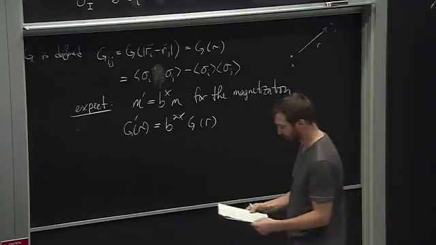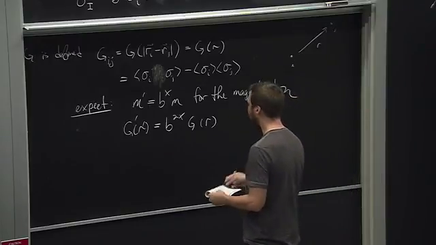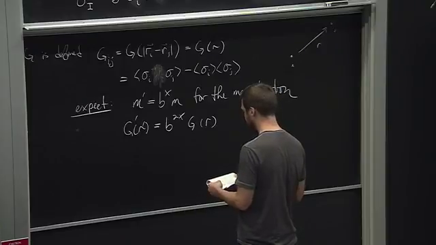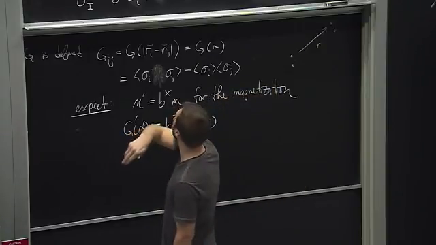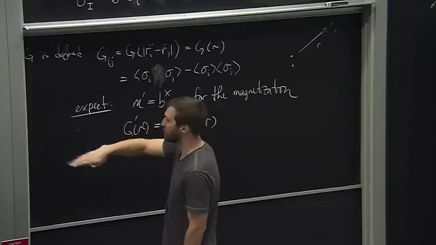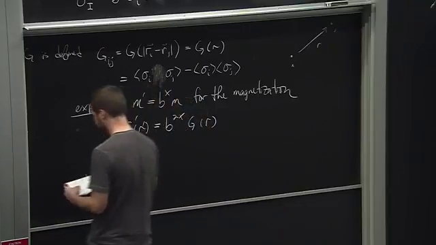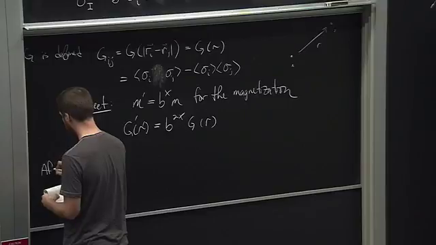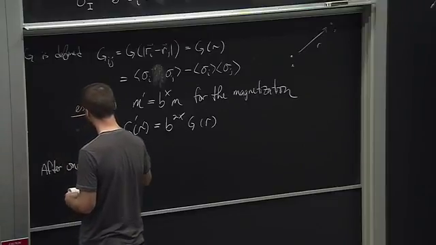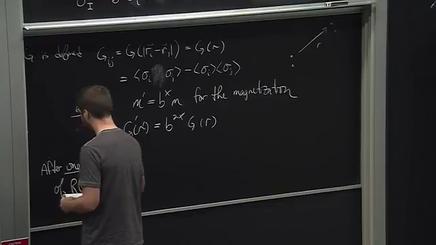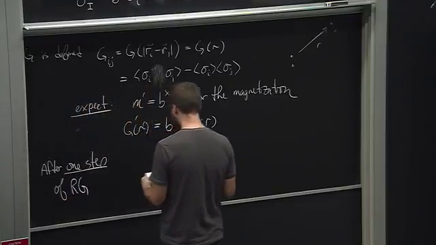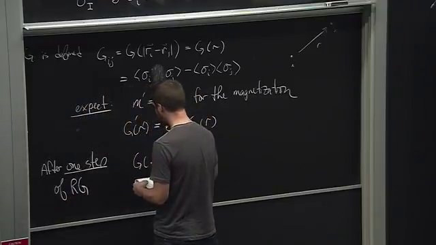Okay, so after one step of renormalization, let me write this now in the same notation like I have over there with u's and so on. And then I can extend this to the case of many steps.